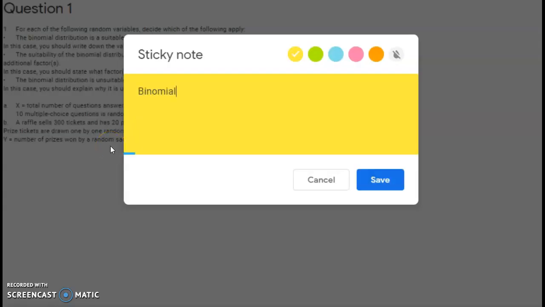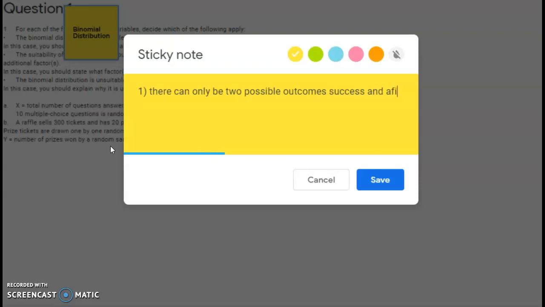So, the binomial distribution. If you remember, we looked at 3 criteria for the binomial distribution. The first one is that there can only be 2 possible outcomes, and we said that those had to be success and failure.